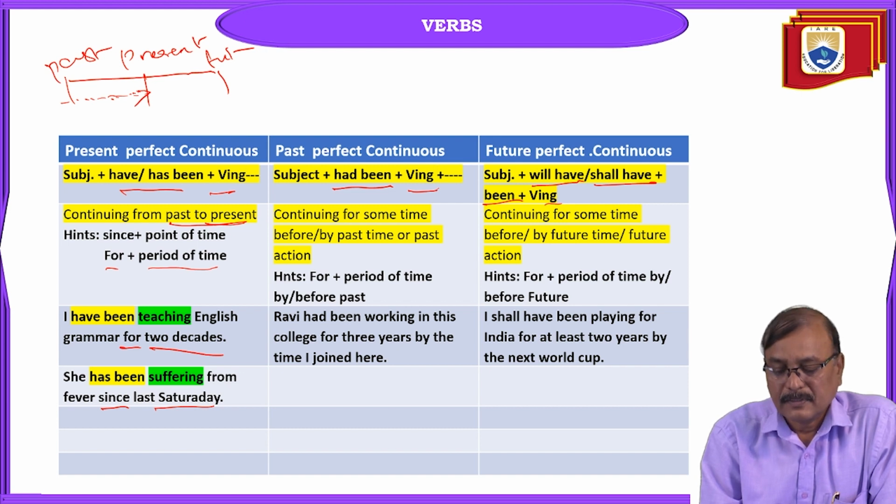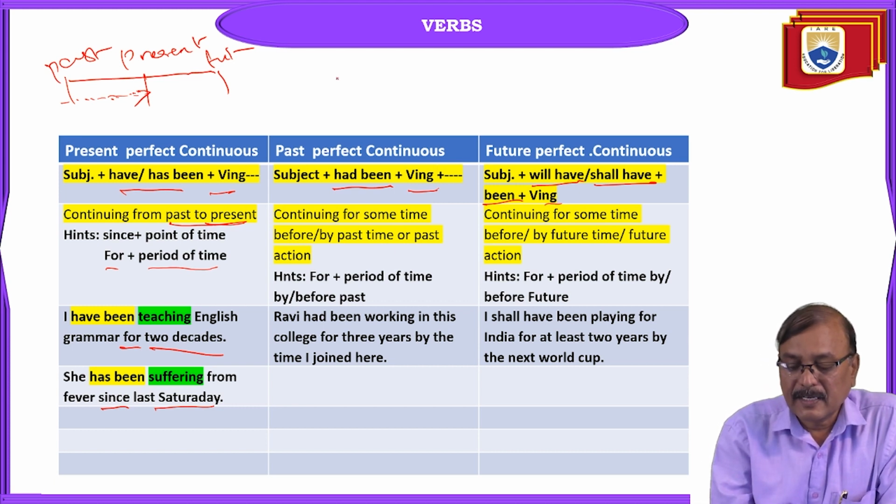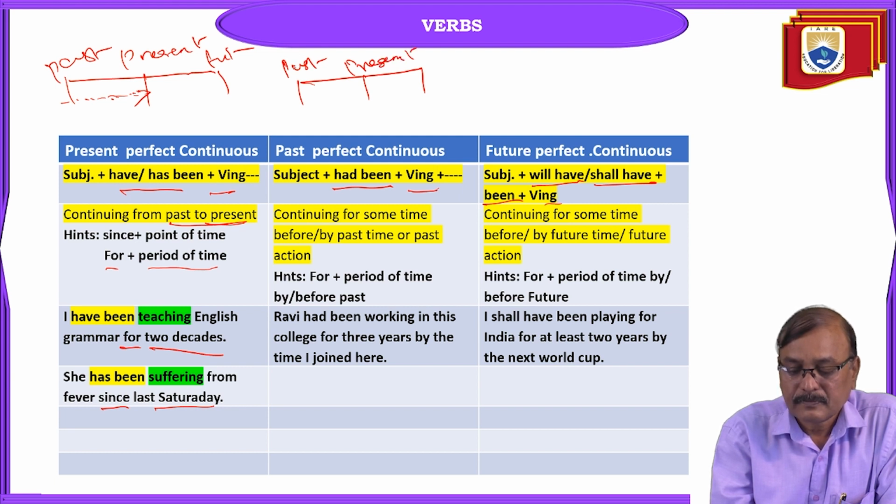Next, past perfect continuous, continuing for some time, followed by before or by past time or past action. Past perfect continuous, let me tell you. This is past, this is present, future.